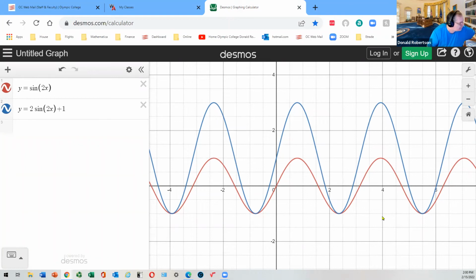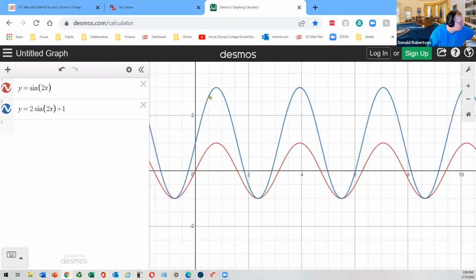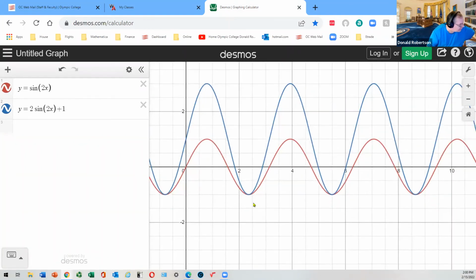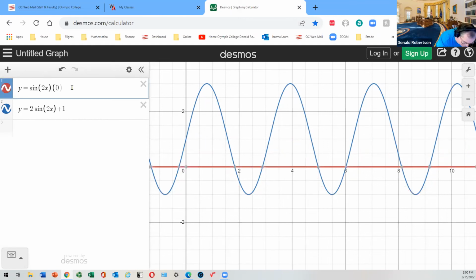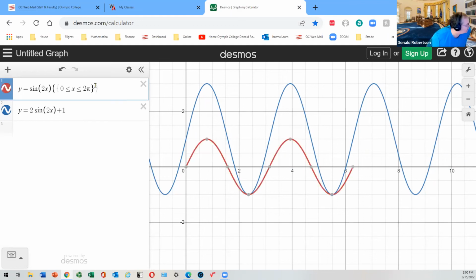So if you're only interested in finding out when the blue thing is the same value as the other one, and you're interested in it from 0 to 2 pi, I could simply just go over here and do the little curly bracket, 0 less than or equal to x, less than or equal to 2 pi, and make sure it's curly brackets. Do that.